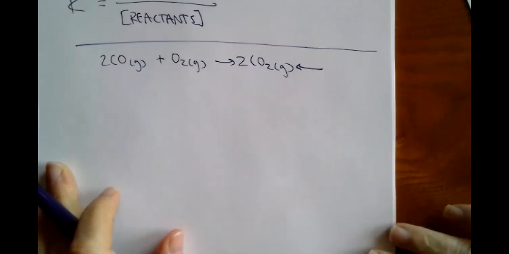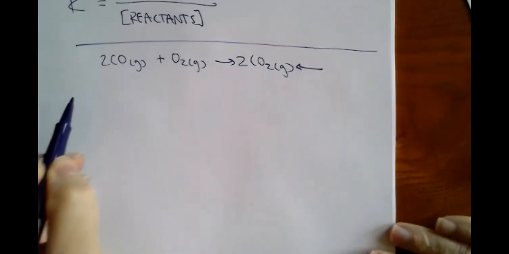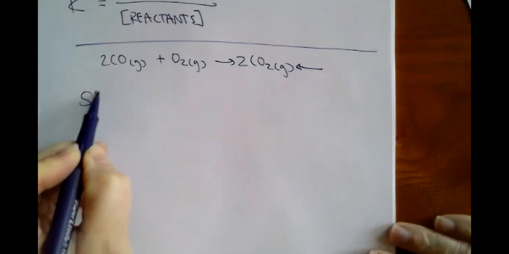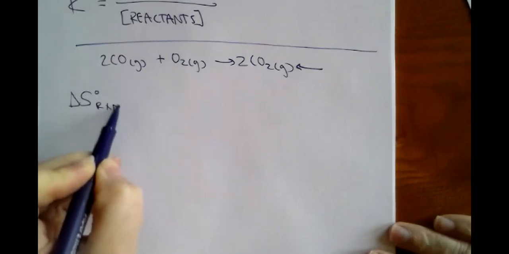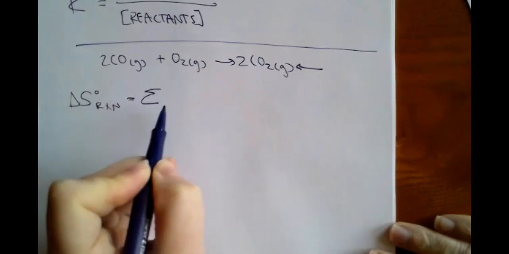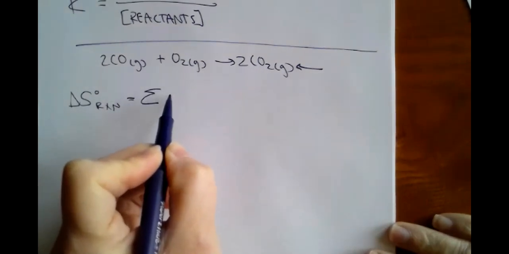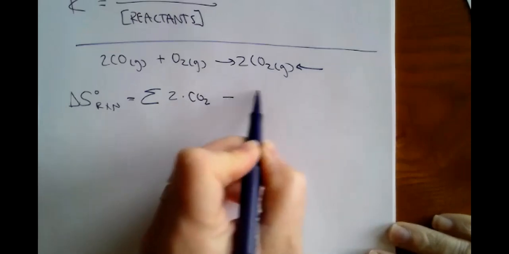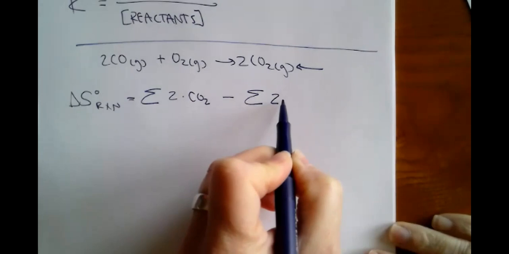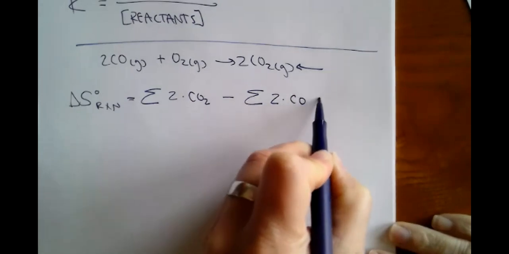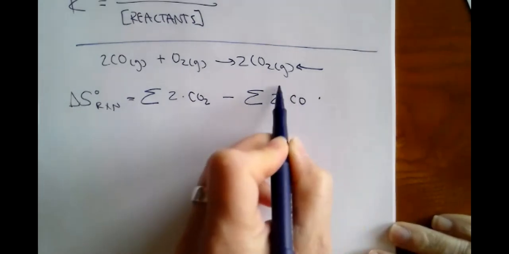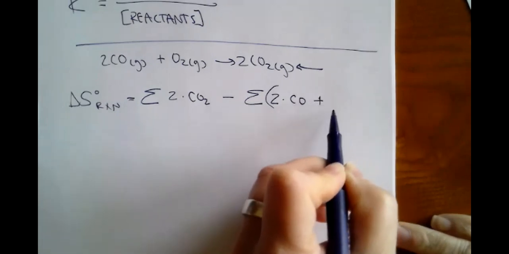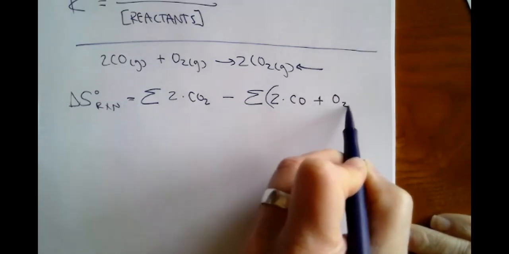So make sure that you include that. So if we're wanting to calculate the delta S of this reaction, we would say it's the summation of 2 times the entropy of CO2 minus the summation of 2 times the entropy of CO. I wish I'd written this differently, but it's too late now.